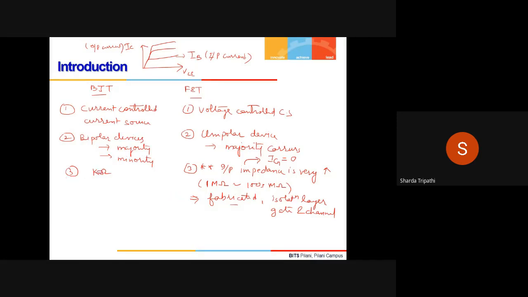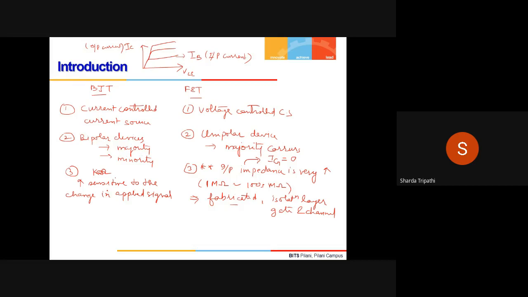Then in the case of BJT, while we say that FET has very high input impedance, in case of BJTs, it is actually more sensitive to the change in applied signal. So the point here is, in case of FET, input impedance is high, whereas for the case of BJT, the sensitivity is high.